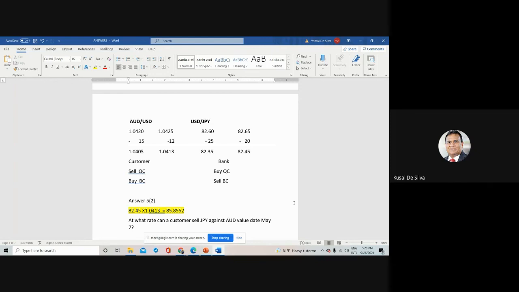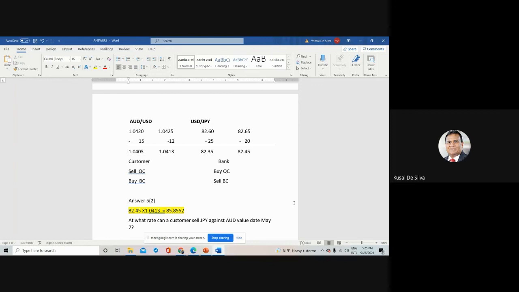Buying the base is the bid rate, and selling the quoted is the bid rate. So that is the thing you need to understand. That is the only catch there.